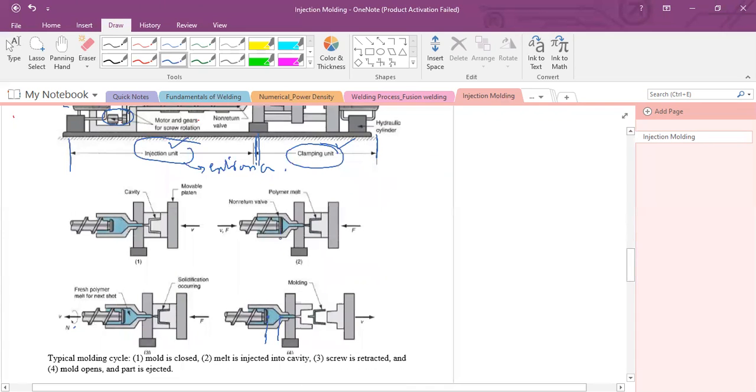Both distances are predetermined. If you want to open the part at the end of injection molding, this distance is predetermined by the machine manufacturer, and after closing the mold, this injection distance is also given by the machine manufacturer, right?